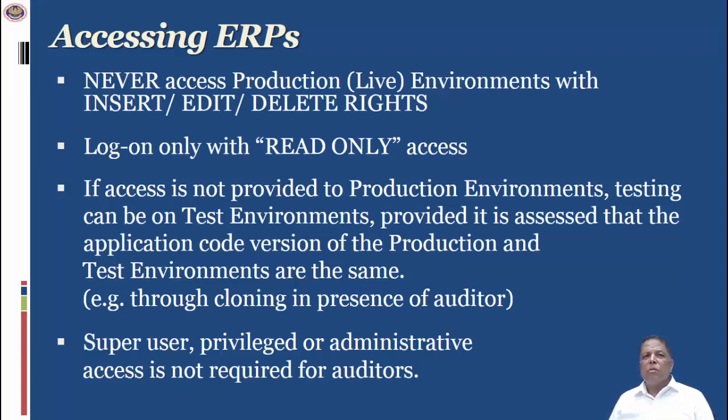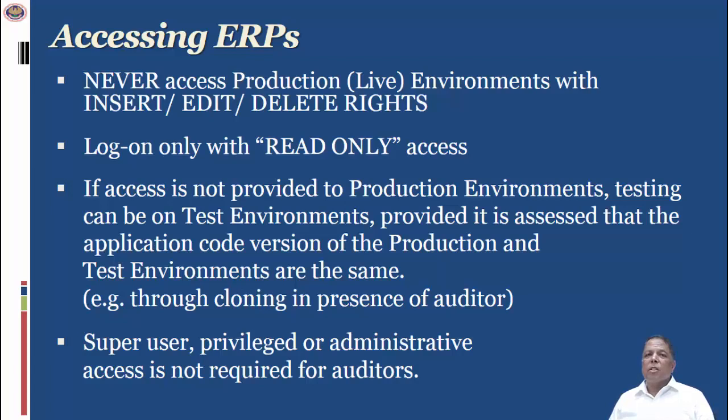In some scenarios, if access is not provided to the production environment, you could also get access to the test environment. But the proviso is that you should be very sure that the configurations and the version of the application code in the production environment is exactly equal to the code in the test environment. Just to rephrase this, in every ERP there are at least three systems.